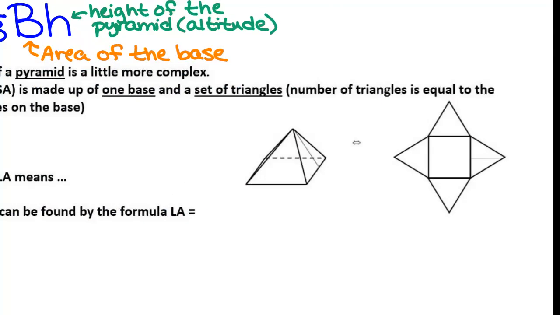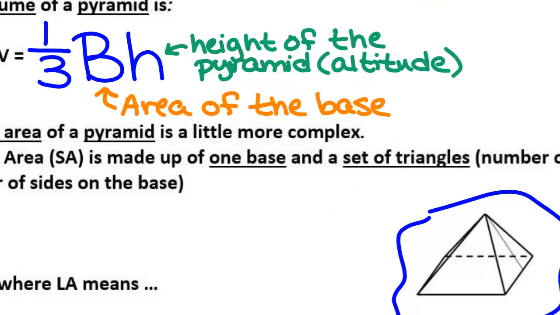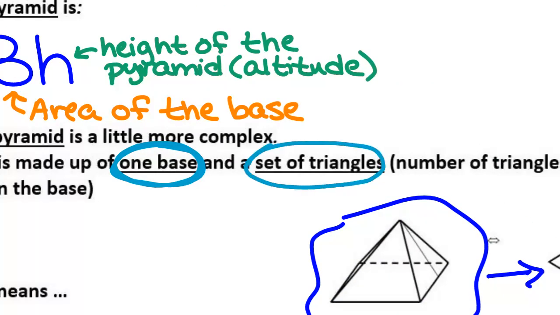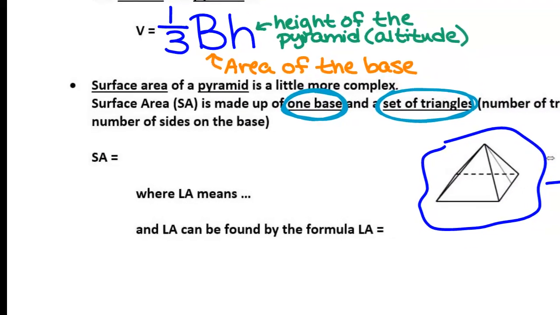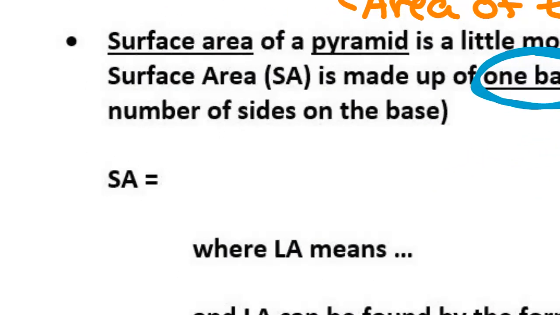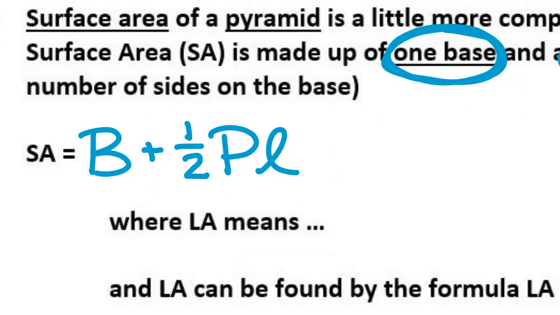Surface area, if you look, I have taken this pyramid and deconstructed it, laid it open flat. It is made up of one base and a set of triangles. The number of triangles is equal to the number of sides on the base. To find the surface area, we have just our one base, so 1B, plus half the perimeter times the slant height.